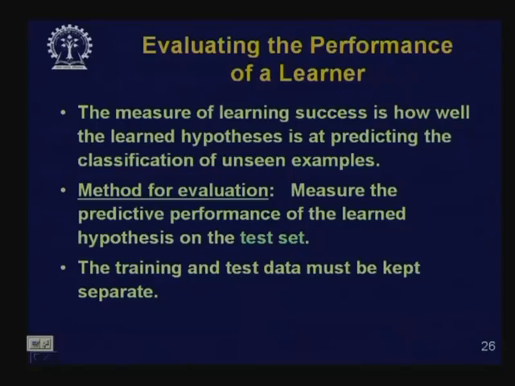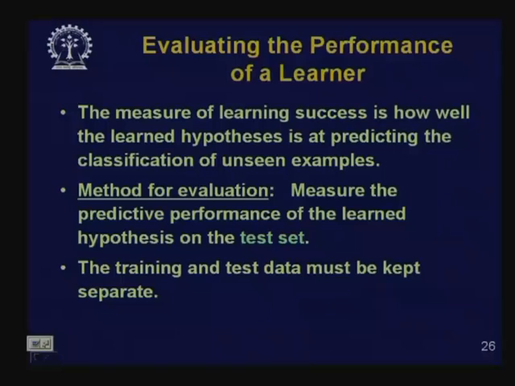You see, if we learn on the basis of a training set and we test the performance on the same set, we are cheating in some sense, because our hypothesis may very well classify the training set, but may not do so well on the test set, because we have already seen the training set and we can be biased towards the training set. Therefore, in order to make a better judgment of the accuracy of the classifier, we must measure it using unseen examples, and this set of unseen examples is called the test set. And to the extent possible, we must keep the training set and the test set disjoint.